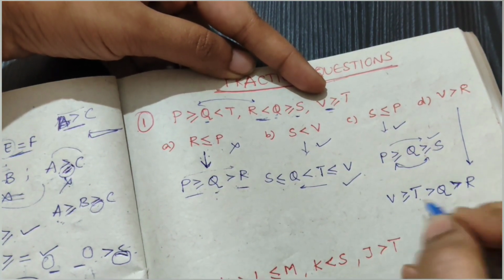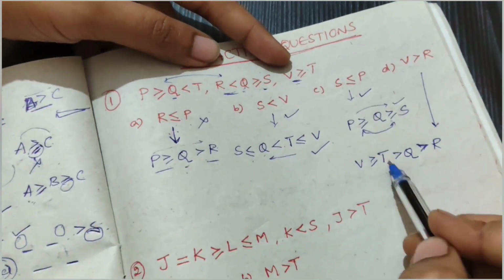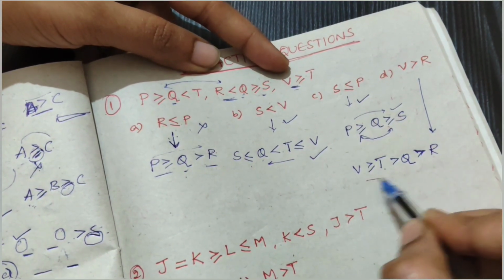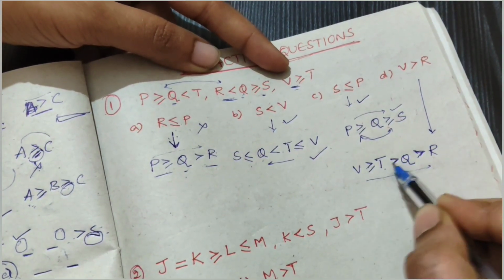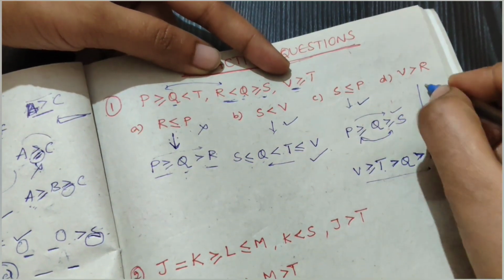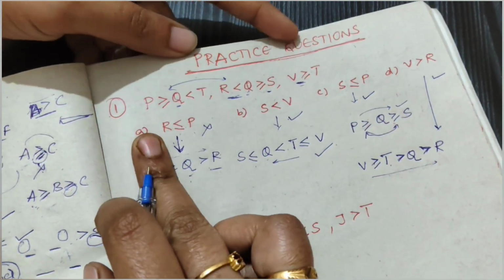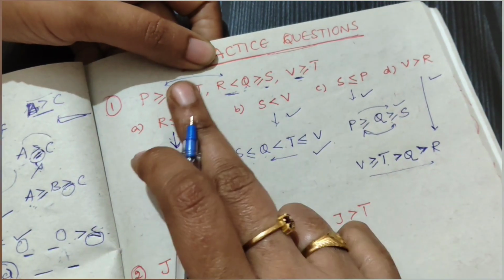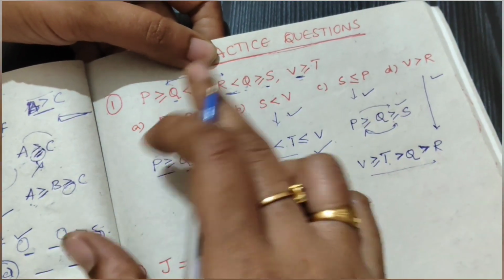I hope you are getting it. So v, t, q, r. Now v to r is possible, with the same symbols, not opposite. So this is also right. Only one conclusion, A, is wrong, the remaining three are right. You can find this based on the options you need to combine.